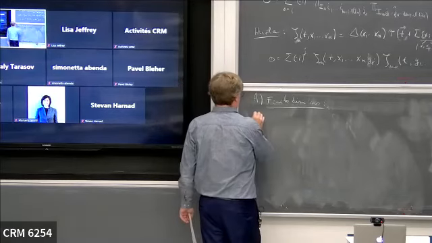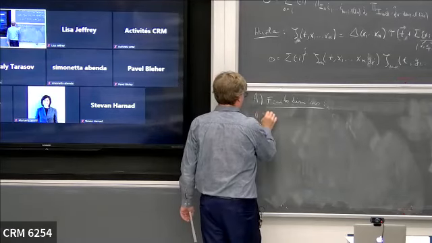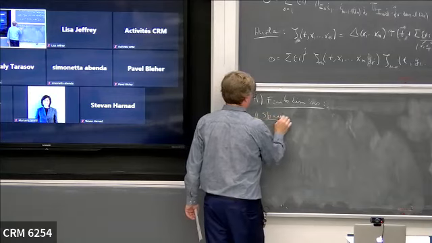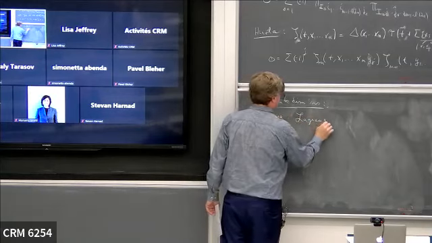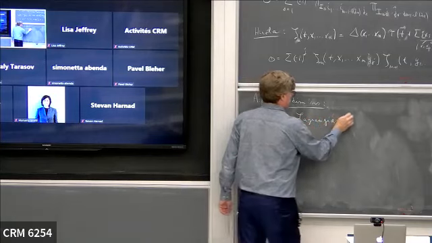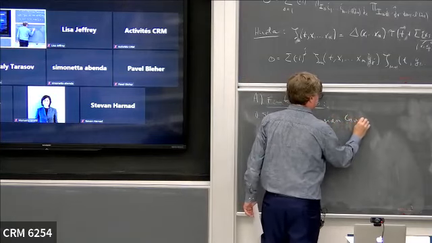So the space is the Lagrangian Grassmannian.